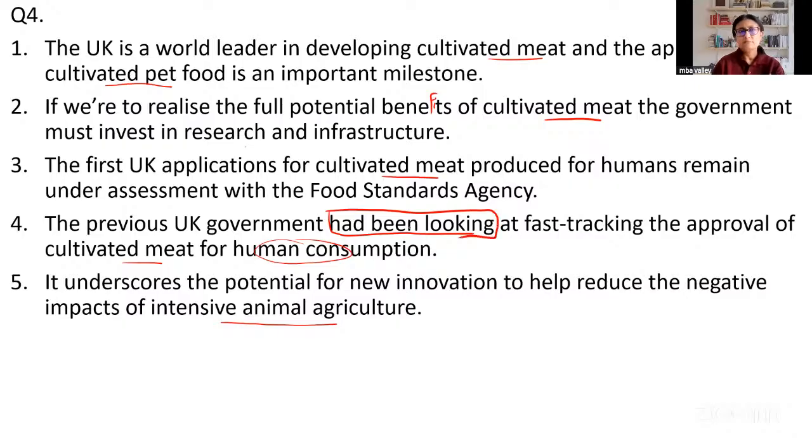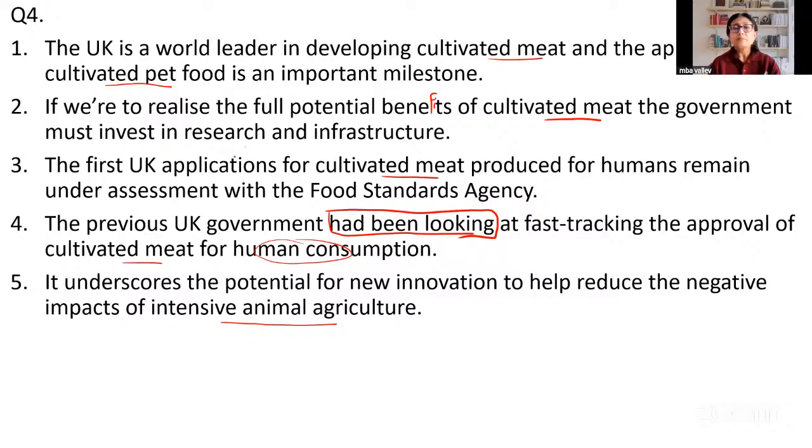Sentence 1 देखो, the UK is a world leader in developing cultivated meat, and the approval of a cultivated pet food is an important milestone. Okay, it's talking about present. If we are to realize the full potential benefits of cultivated meat, the government must invest in research and infrastructure. All right, we are talking about the future aspects. The first UK applications for cultivated meat produced for humans remain under assessment with the Food Standards Agency.